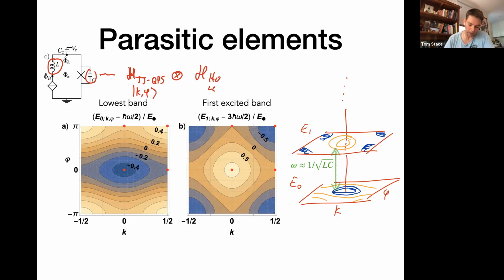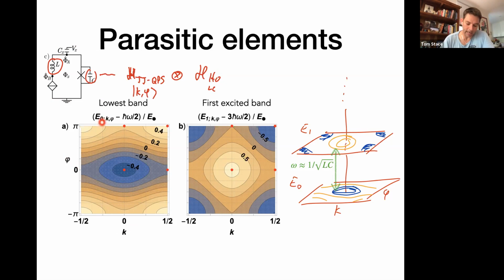The short version of that story is that I can still characterize the eigenenergies by K and phi, but also by a new quantum number, an integer, which tells me what excitation number is in the harmonic oscillator component of the device.